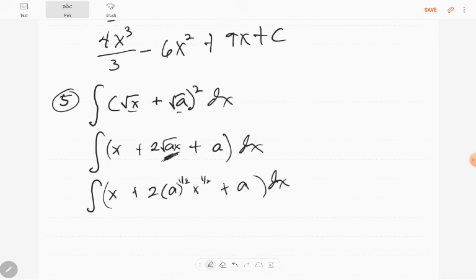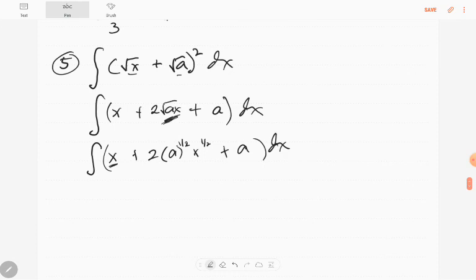Okay, so the only variable present in the function is actually x. The other letter a should be treated as a constant. Okay, now we are ready for the integral.